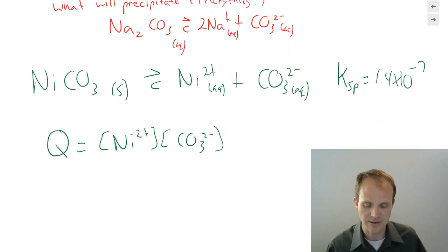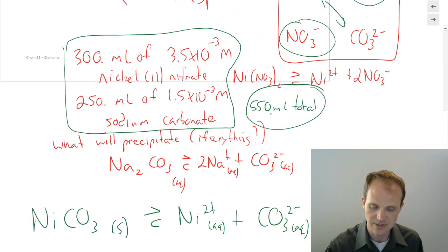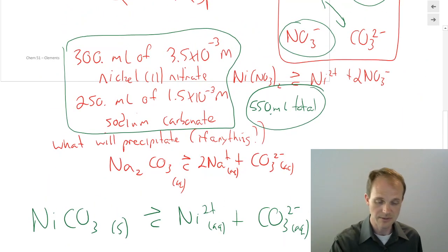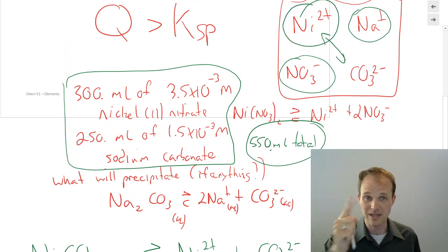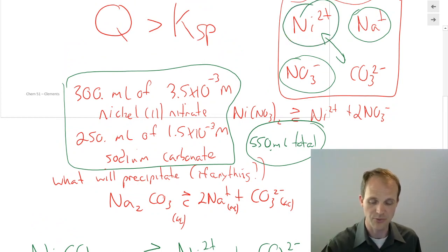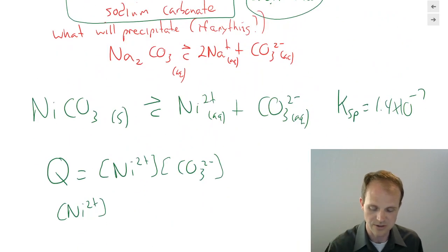Okay, so we're diluting both of these things. So let's go ahead and figure out my diluted concentration of nickel, but we weren't given nickel, we were given nickel 2 nitrate. But remember, nickel 2 nitrate forms stoichiometrically 1 nickel. And so 3.5 times 10 to the minus 3rd molar nickel 2 nitrate is the same thing as 3.5 times 10 to the minus 3rd molar nickel, because it forms that in a 1-to-1 stoichiometric ratio.